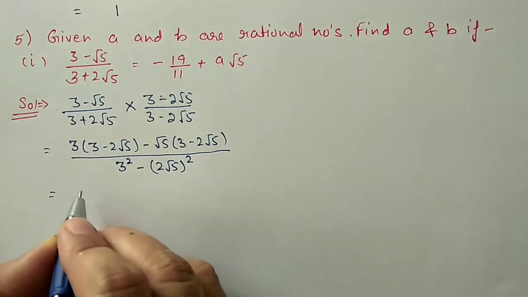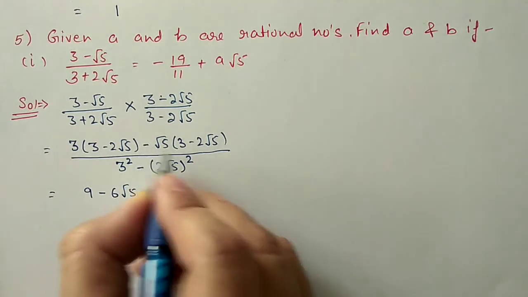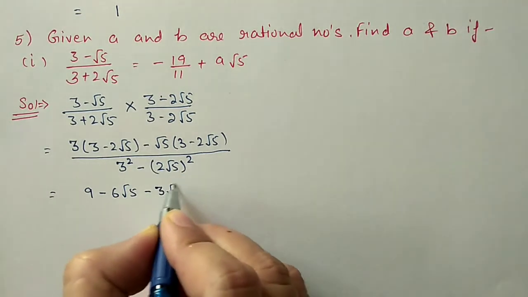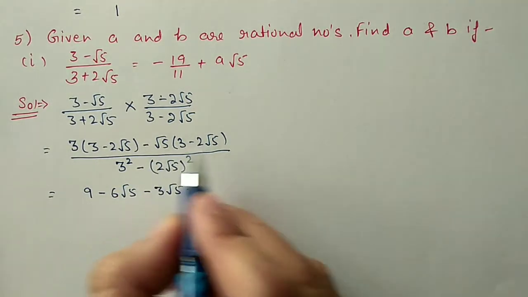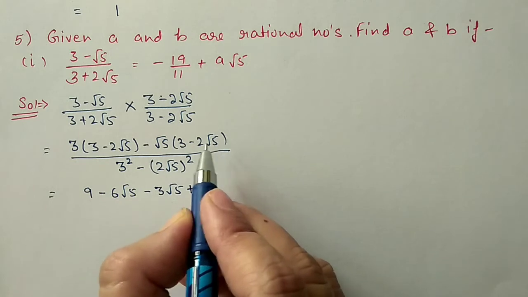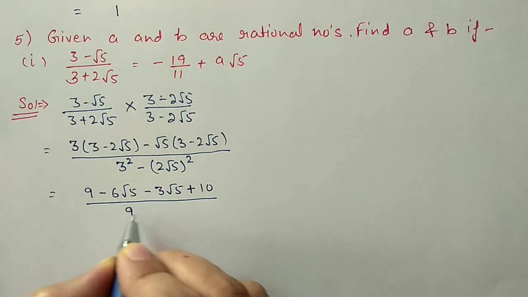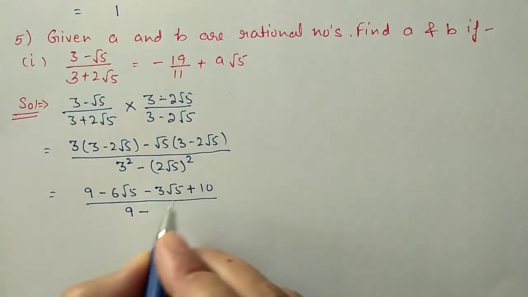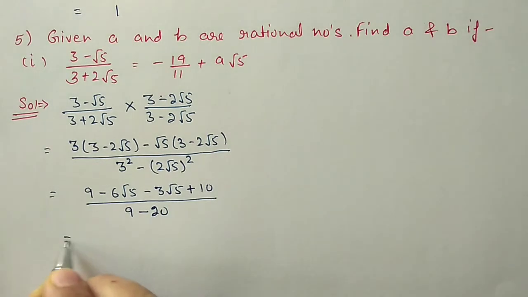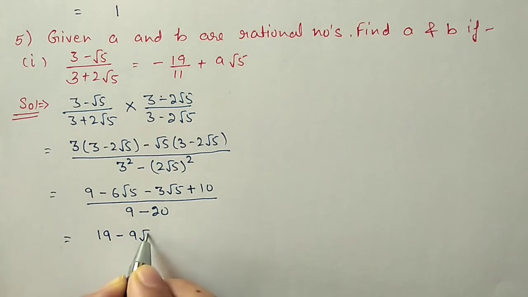Here 3 into 3 is 9, 3 into 2 is 6 root 5, and this will become minus 3 root 5, and minus will become plus 2 into root 5 into root 5, which will become 5, and 5 into 2 is 10, divided by 9 minus 2 square is 4 and root 5 square is 5. 4 into 5 is 20. 9 plus 10 will become 19, minus 9 root 5, divided by minus 11.